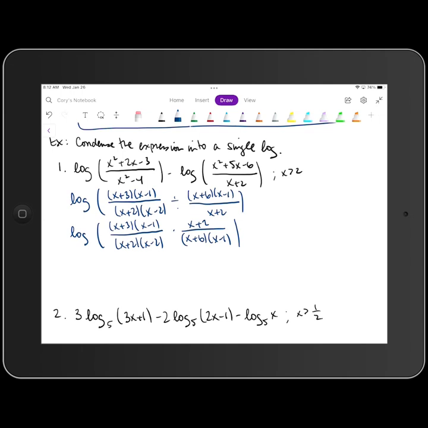And then we can simplify the argument here by canceling factors in the numerator and denominator. So we can eliminate those factors of x plus 2 and these factors of x minus 1. So this becomes the common log of x plus 3 over x minus 2 times x plus 6.